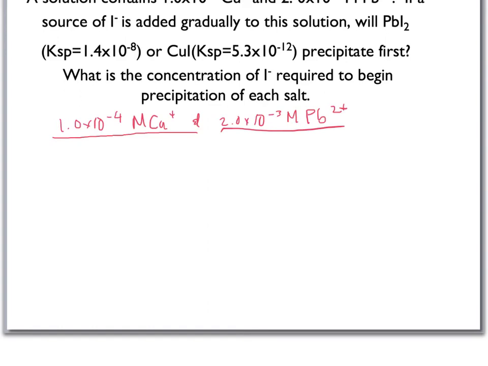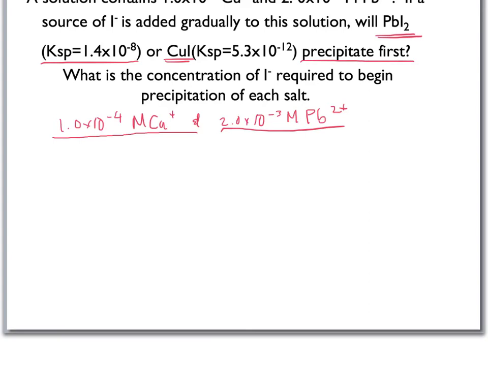If a source of iodide is gradually added to the solution, will PbI2, with a KSP of 1.4 times 10 to the negative 8, or copper 1 iodide form first, or which precipitate will form first? Then what is the concentration required to begin the precipitation of each salt?